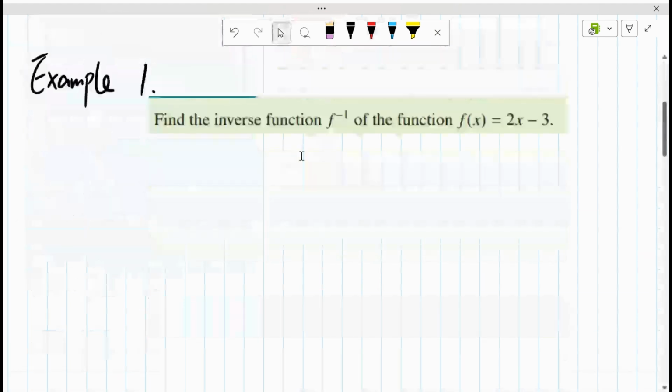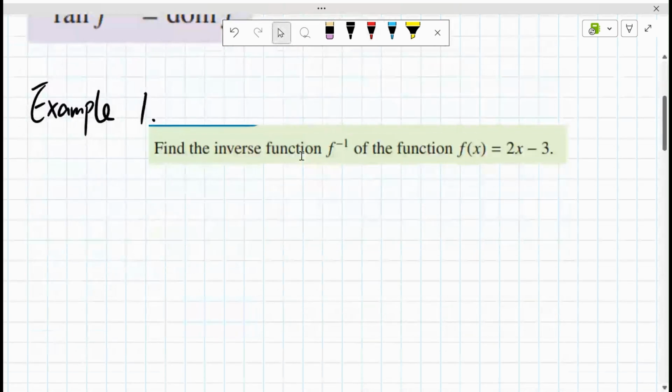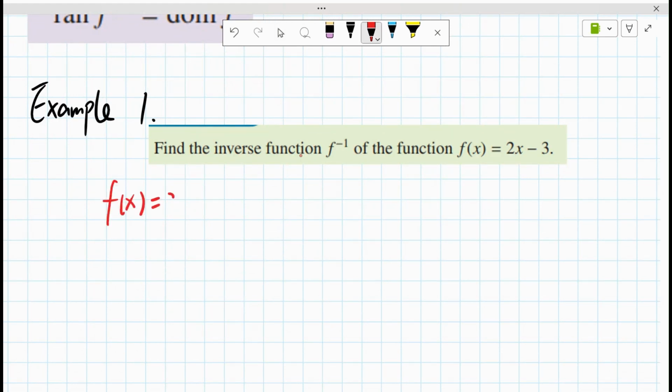All right, let's start with some quick examples. Find the inverse function f to the power -1 of the function f(x) equals 2x minus 3. First, write down f(x) equals 2x minus 3, and then switch to x equals 2y minus 3.